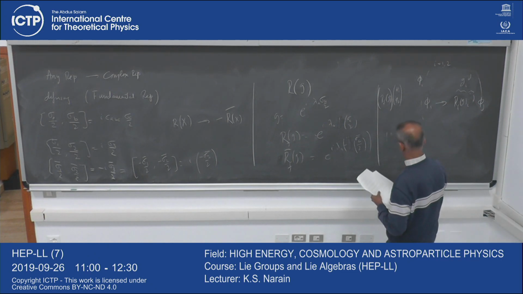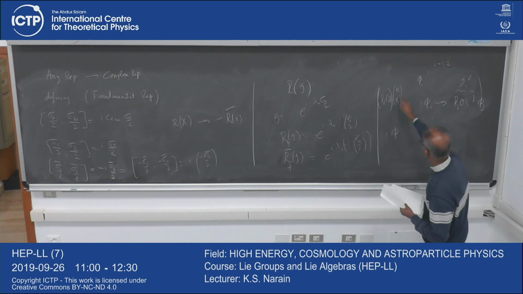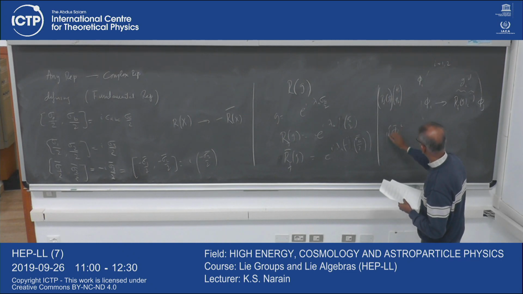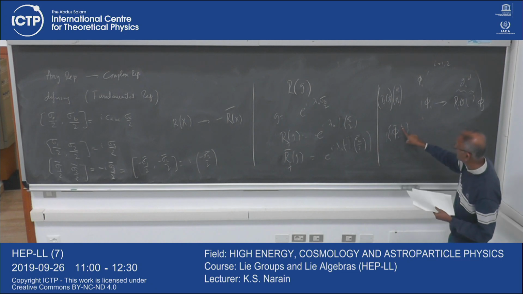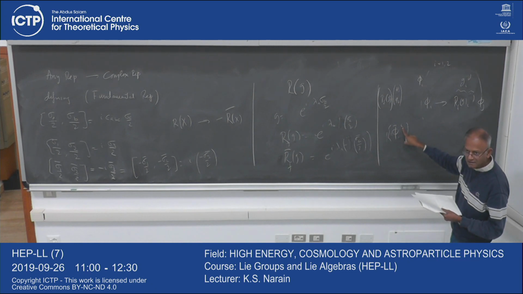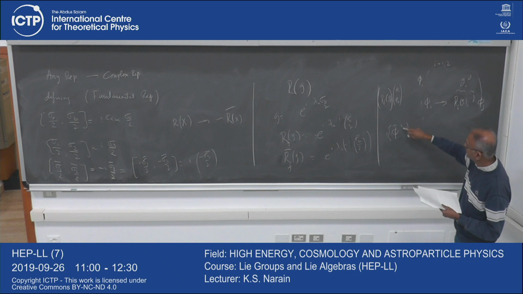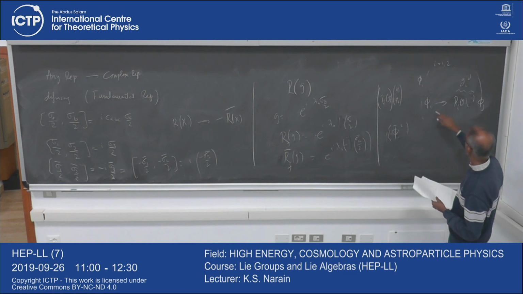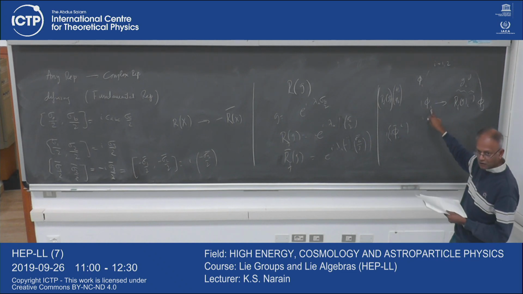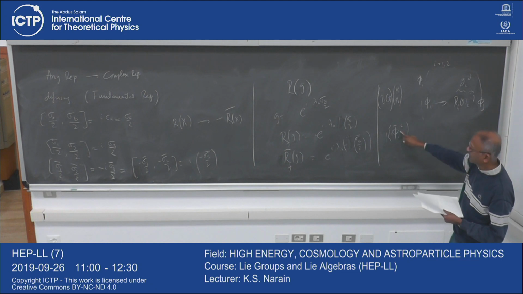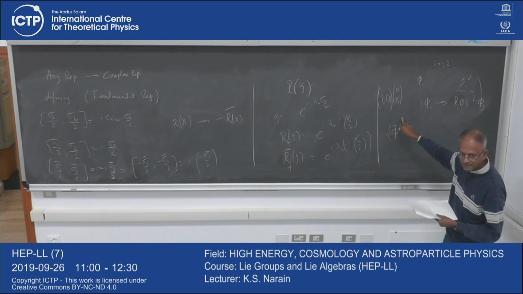Now, let's look at phi bar, the complex conjugate representation. I will just denote this vector space by phi bar I. I just put the index up for convenience, it is not important. So remember always that for the original representation we use a lower index, and for the complex conjugate representation, we use the upper index.